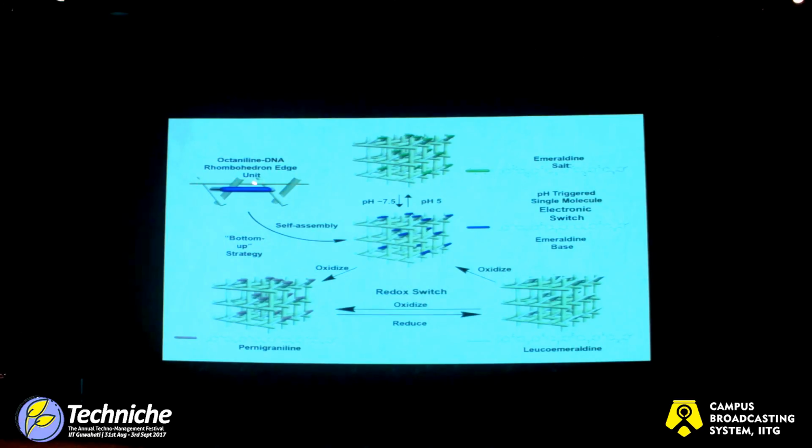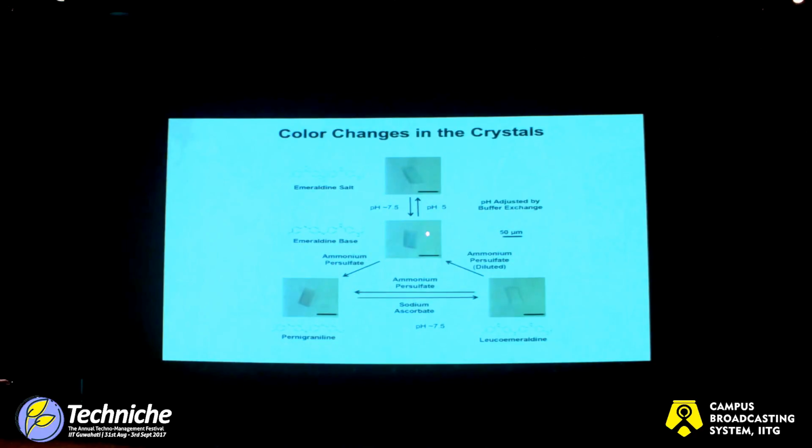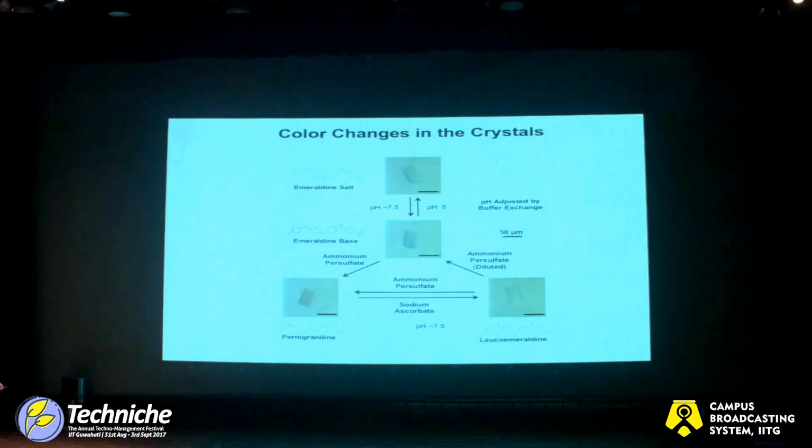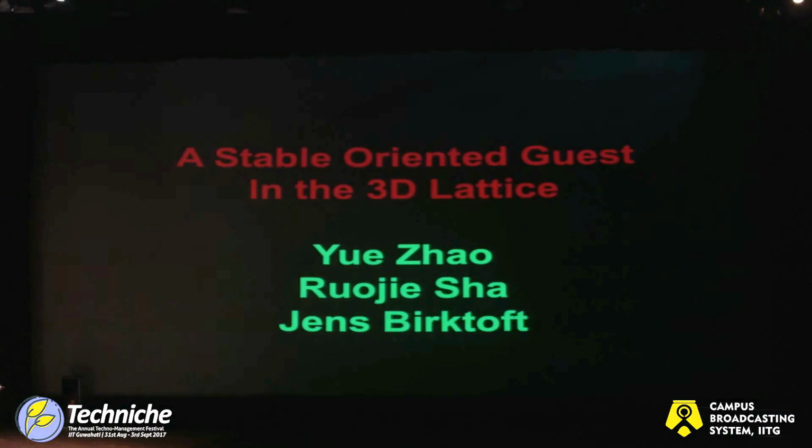So this corresponds to an edge of the octahedron. And normally this is blue, but if we lower the pH, it'll be green. If we oxidize it, it'll be pink. And if we reduce that, it'll be clear. And then these are the crystals. Here it is blue. Here we can see it green as we lower the pH. As we oxidize it, it turns pink. And as we reduce that, it becomes colorless.